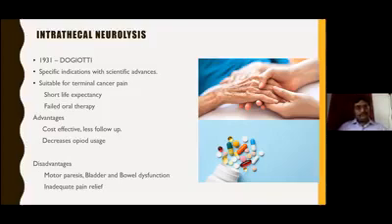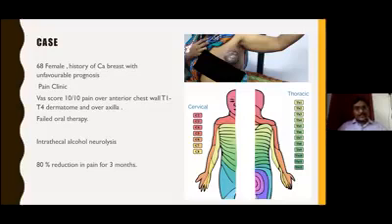A sample case history: a 68-year-old female patient with a history of carcinoma breast with unfavorable prognosis was referred to our pain clinic. She presented with a pain score of 10 by 10. The pain was mainly over the anterior chest wall, covering dermatomes T1 to T4, and also present over the axilla.